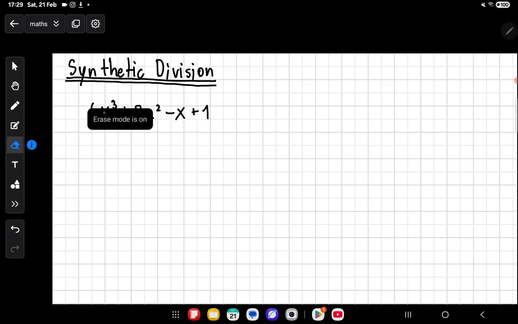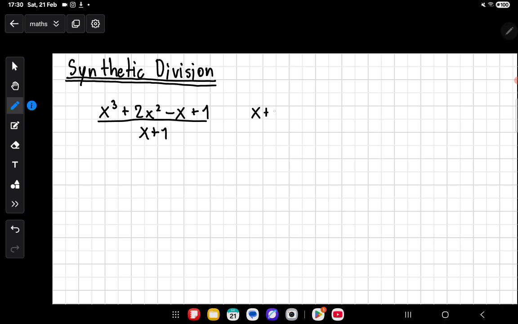Wait, sorry, this is like multiplication, not division. My bad. Okay, if you want to divide it like this, there are some ways you can do it, right? But synthetic division is easier to do once you get the hang of it.